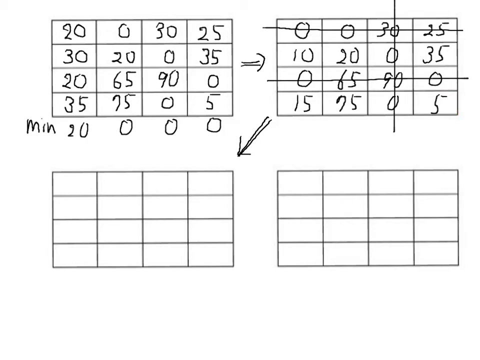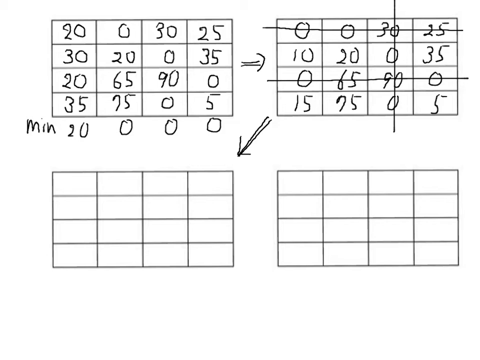I'm going to subtract 5 from each of the uncovered elements in this matrix and add 5 to the ones that have been double crossed. So it goes like this.